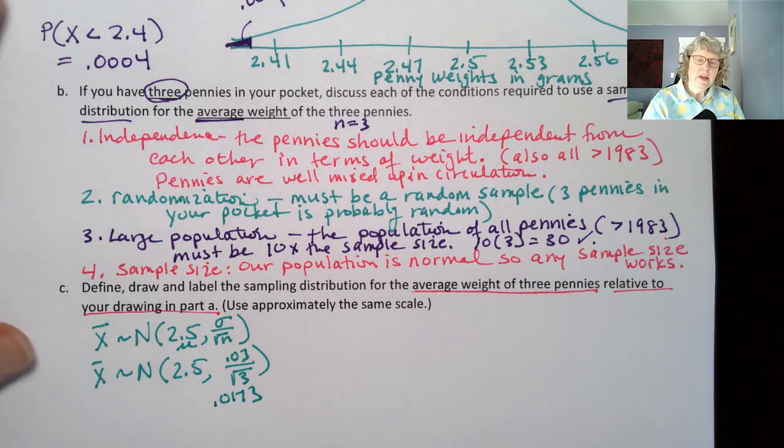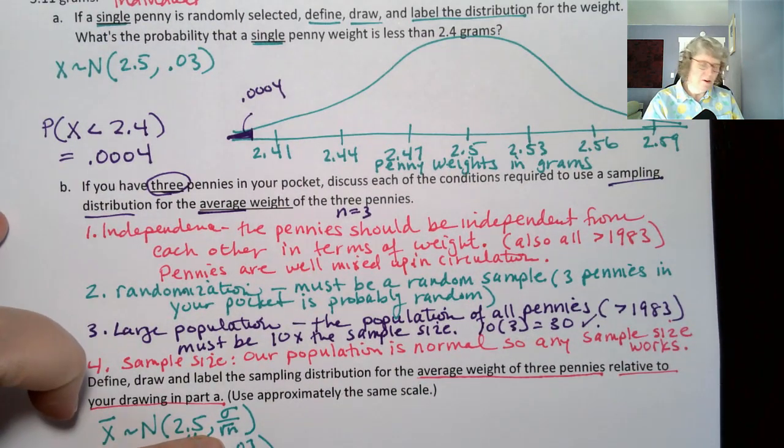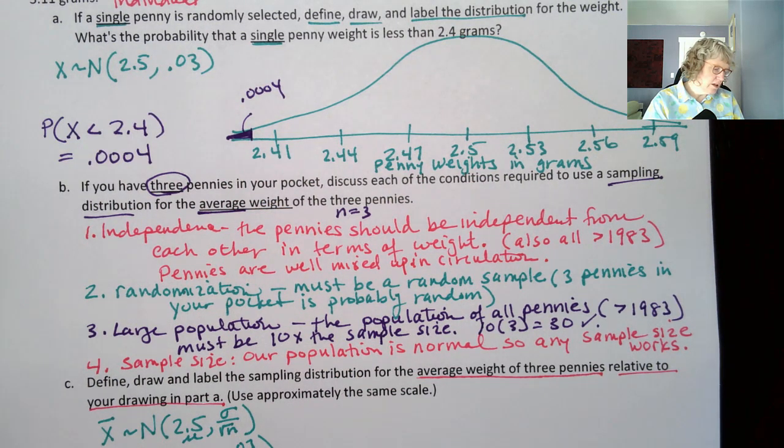Okay, and our original one was 0.03. We can see it there as well as there. So that's definitely smaller. That's half to a third, right? Well, a little over half.